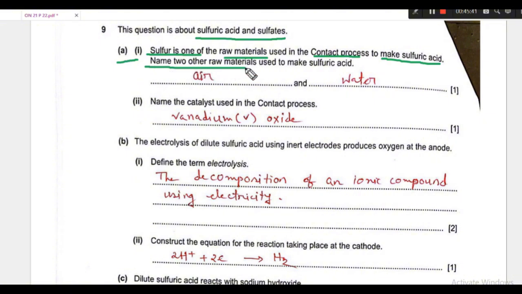Name two other raw materials used to make sulfuric acid. You need air, oxygen is needed, and you need water to dilute the fuming sulfuric acid, I mean oleum, so water is needed.